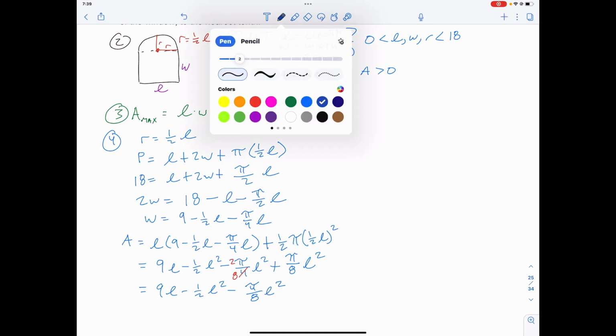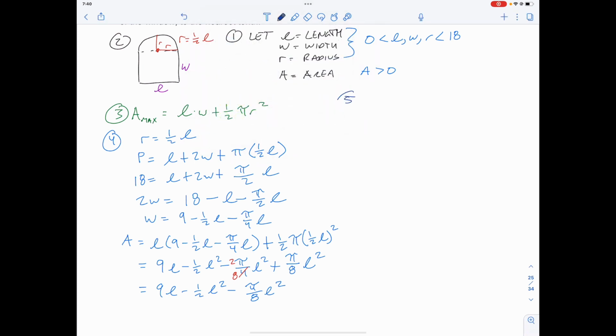And now I'm going to derive. A prime of L, when I derive this, is going to give me 9 minus L minus pi over 4L.